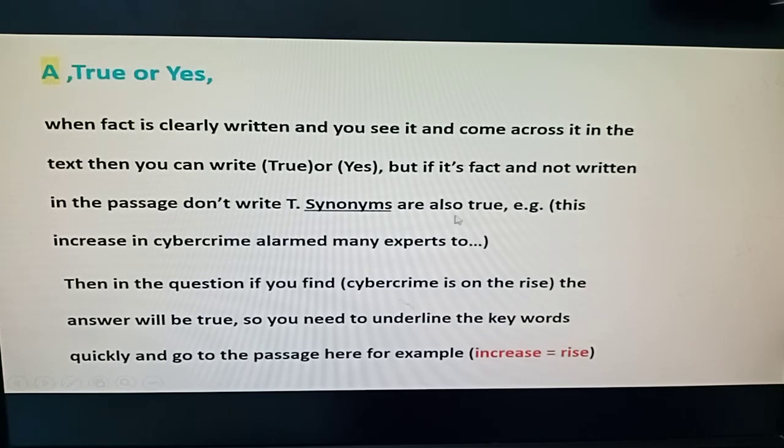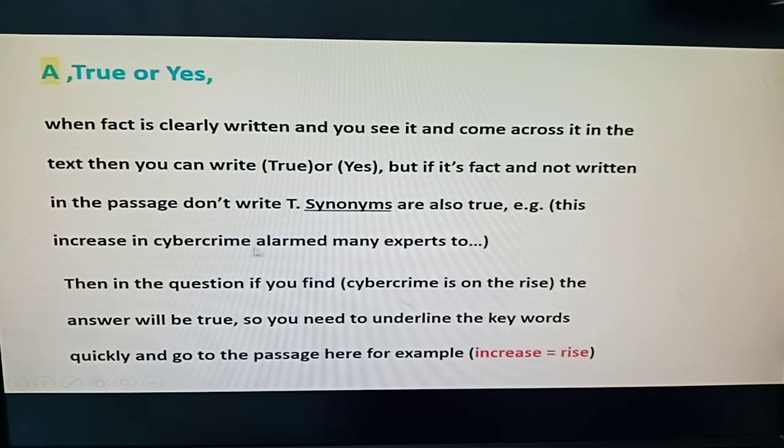So synonyms are also true. As we know, synonyms mean the same meaning but different words. So for example, this increase in cybercrime alarmed many experts too. So you find this one, for example, in the passage, and in the question you find cybercrime is on the rise.